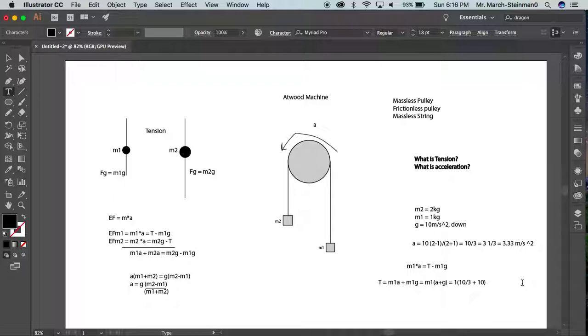No, it's 4 thirds gravity, which is 13.33. It's 4 thirds g if you use the g value. If you actually substitute in 10 or 9.81, you're going to get a numerical value. So this tells me 4 thirds times m1g, really.